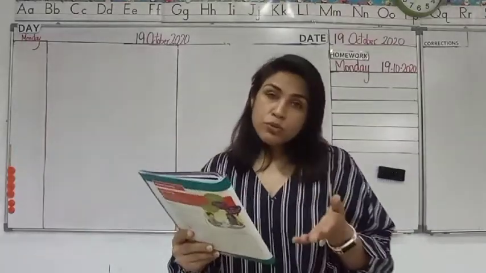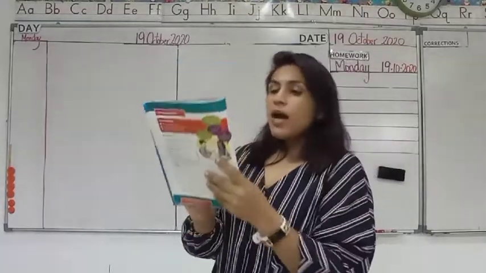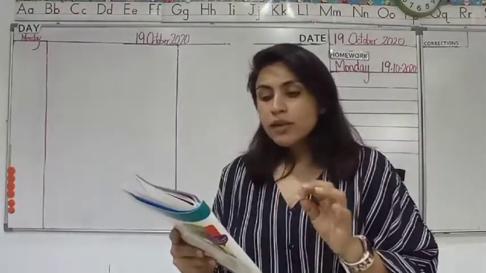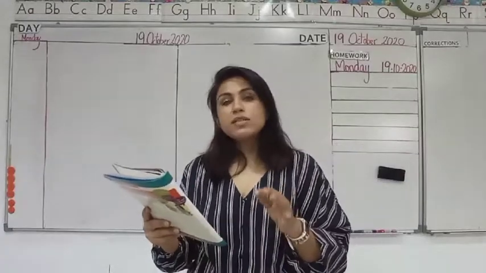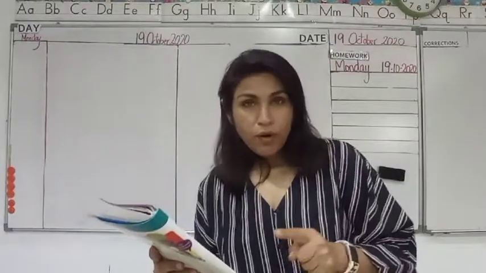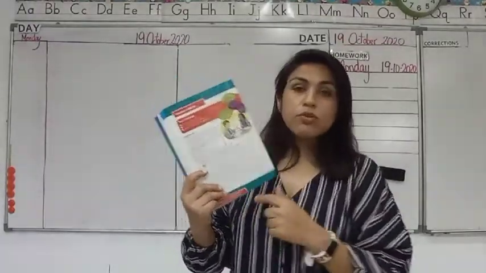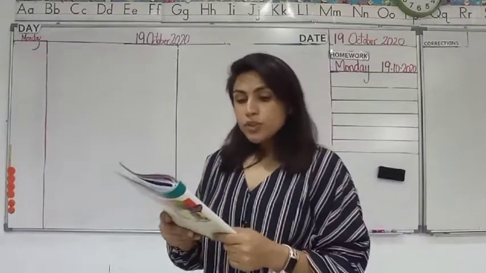I don't want you to write the name of the object, but you can draw the picture of the object, and then decide what material it is made from. Then count how many different materials you found around the house.